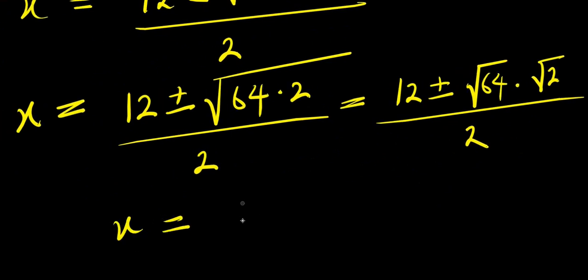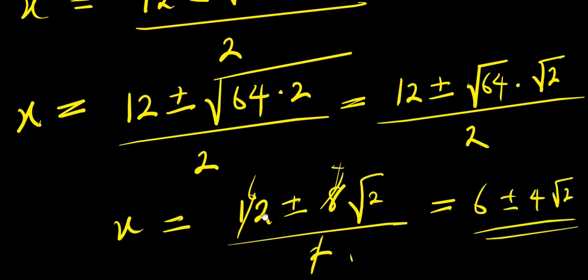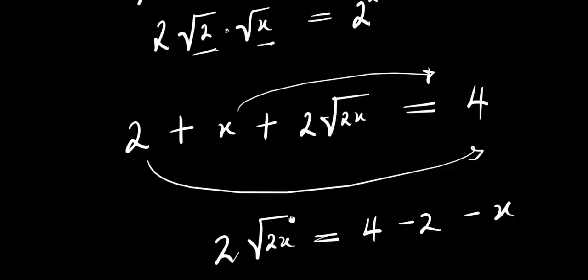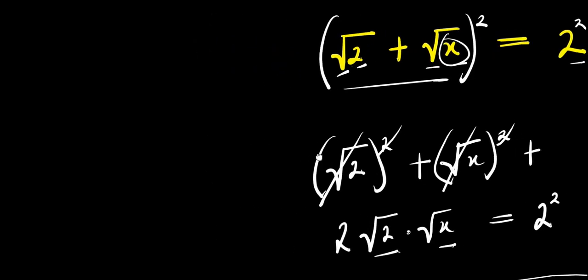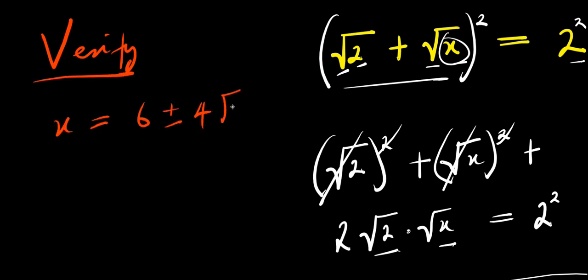From here we have x equals 12 plus or minus 8 times root 2, divided by 2. This one, this is 4, this is 6. So this is 6 plus or minus 4 root 2. So we have these two values for x. We are going to check which of them will satisfy this equation.